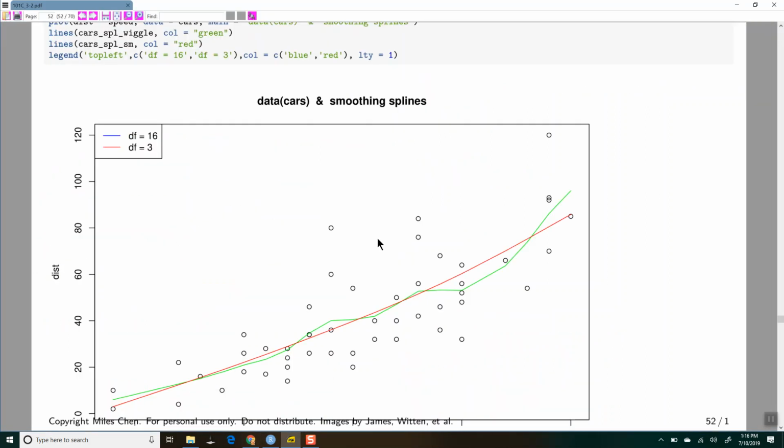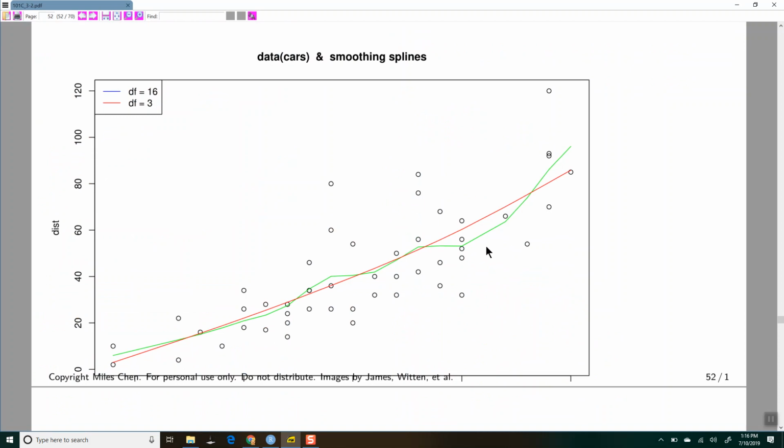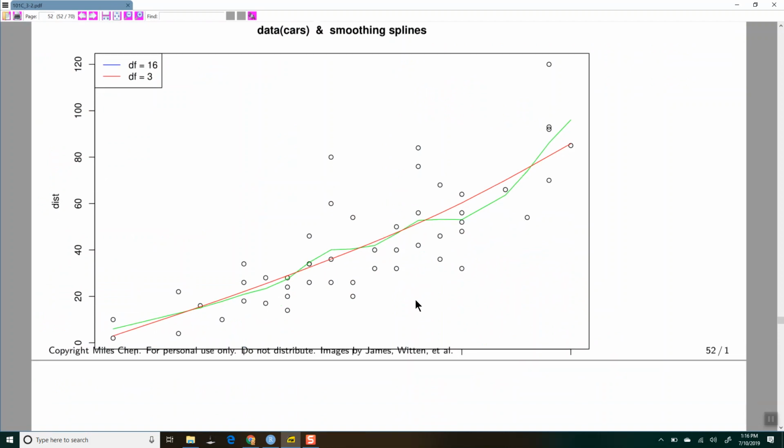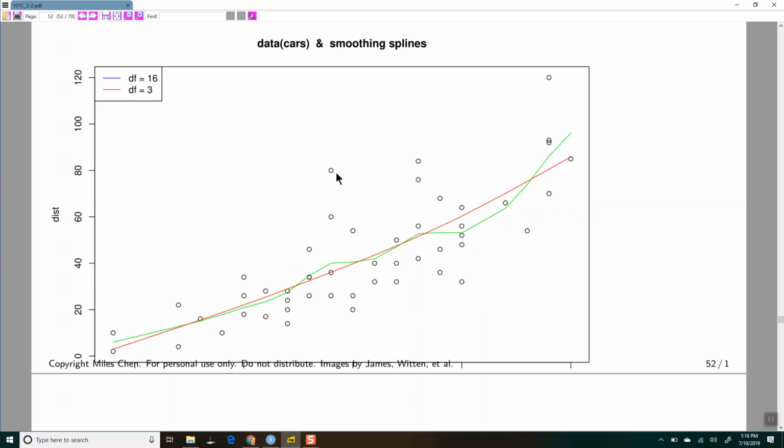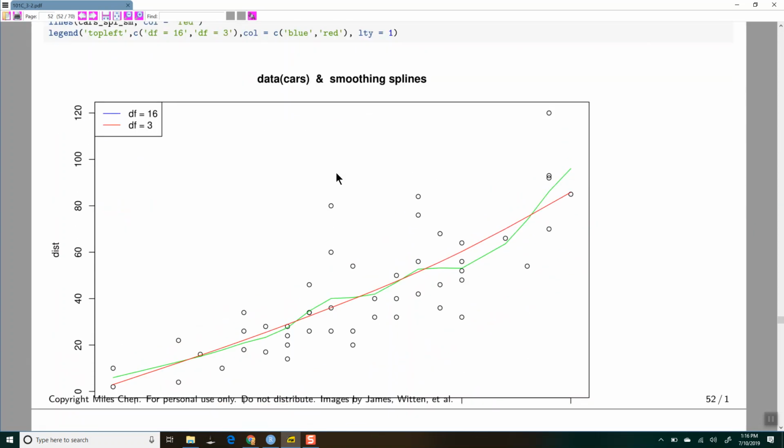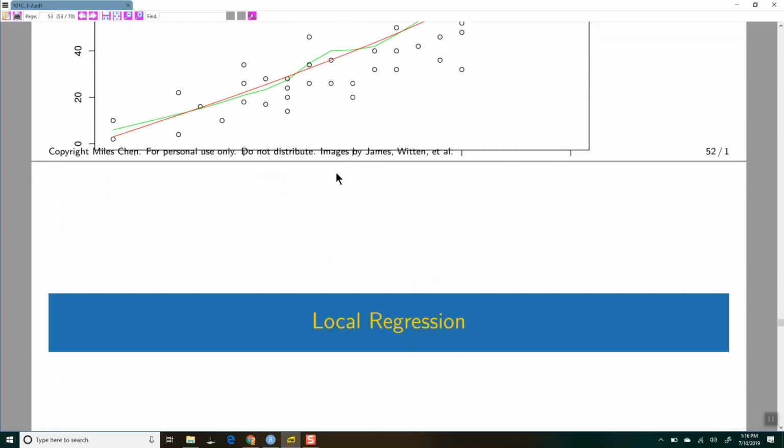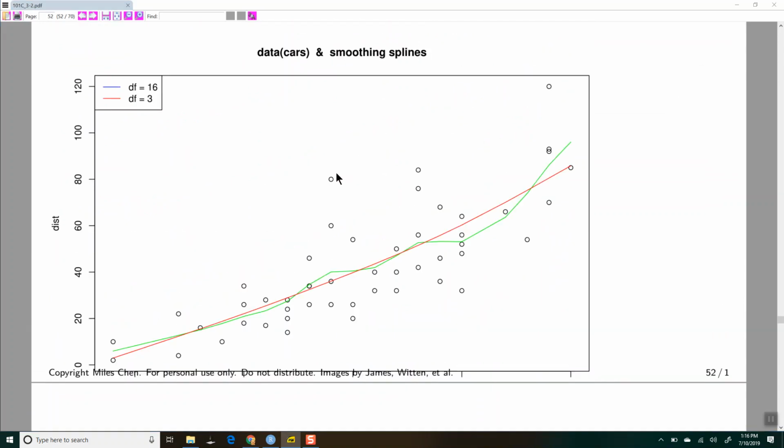Okay, well, anyway, you get basically a more wiggly fit versus a smoothed out fit. The colors don't match up, but more degrees of freedom produces a wigglier fit there. I'm going to just keep going, and maybe we'll end a little bit early today instead of taking a break.